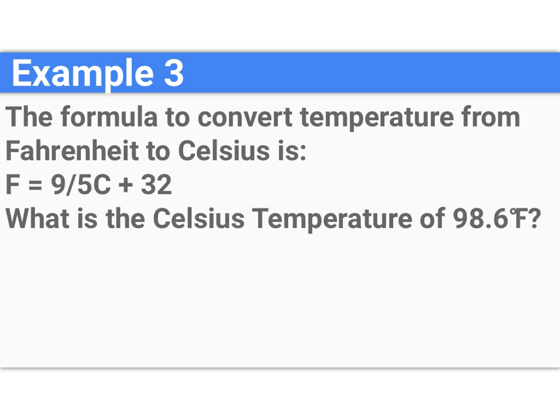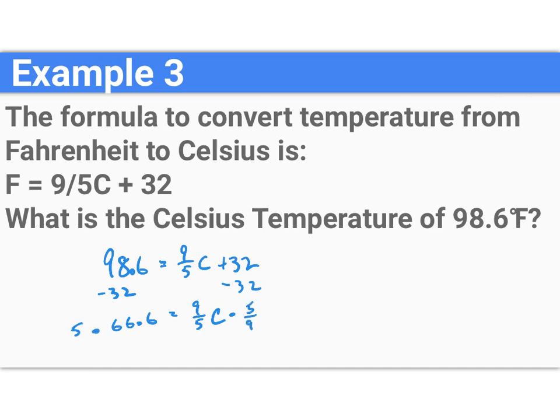Okay. So now for this one, we stick 98.6 equals 9/5 C plus 32. And now we solve this equation. We subtract 32 from both sides. We get 66.6 equals 9/5 C. To get rid of the fraction, we multiply by its inverse, times 5 over 9.